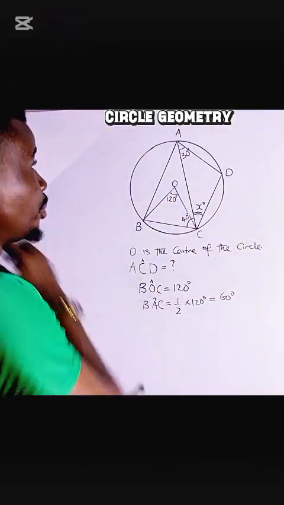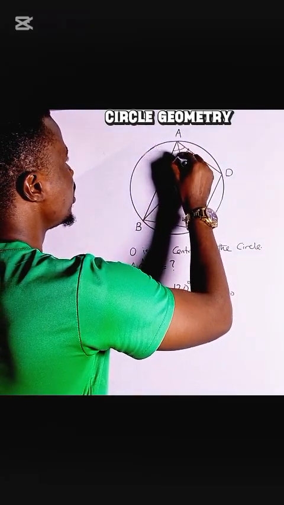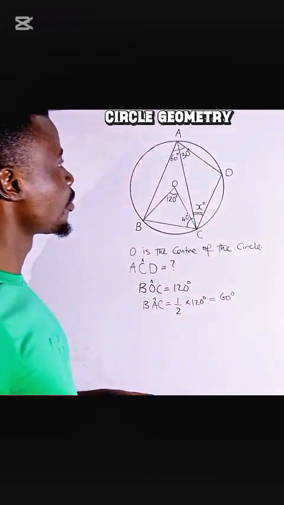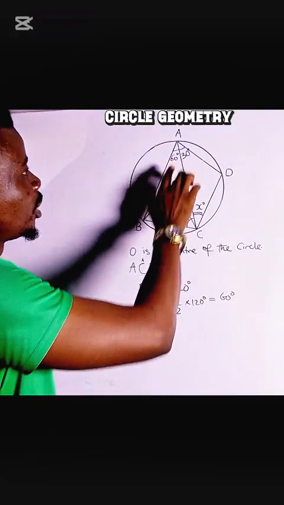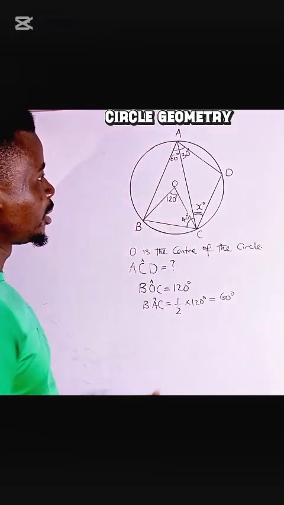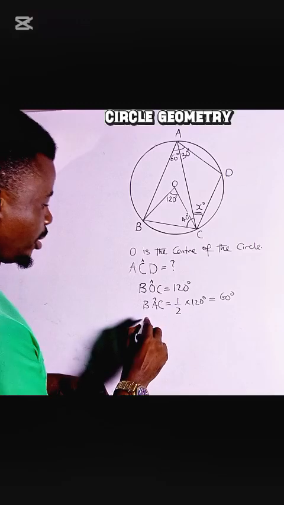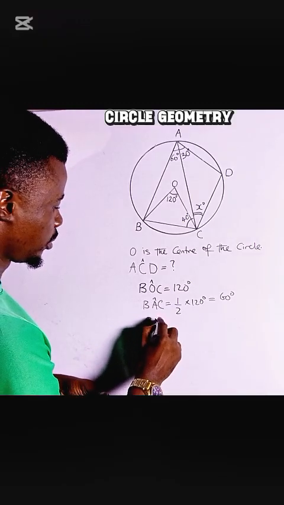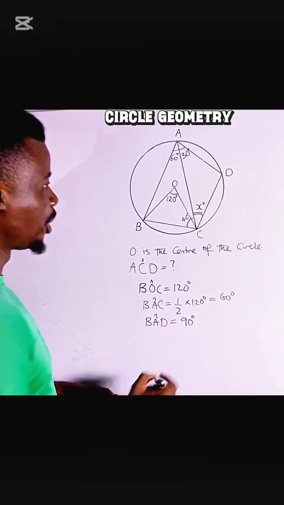So our angle BAC here becomes 60 degrees. Now, we have gotten this angle. Together, everything gives you 60 plus 30, 90. What does it mean? Our angle BAD is equal to 90 degrees.